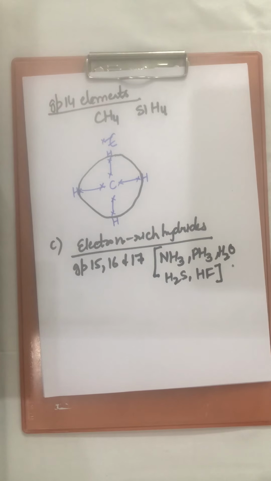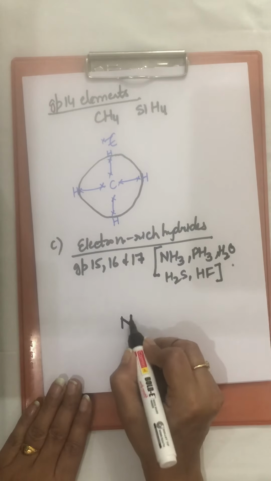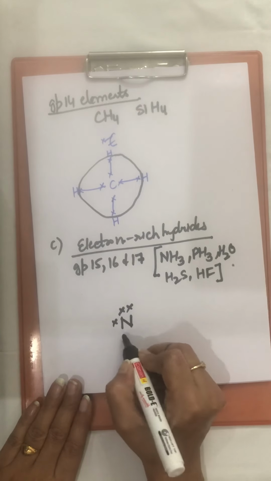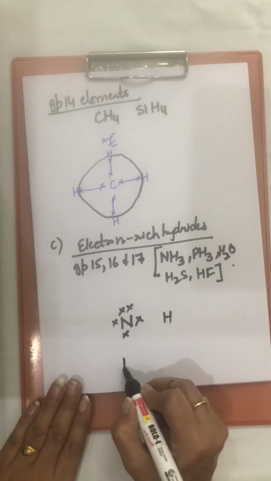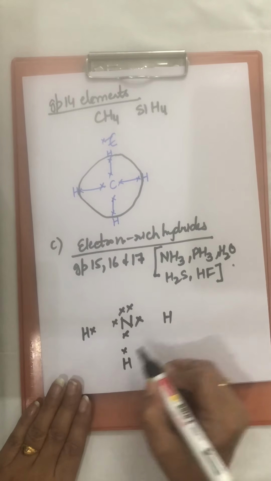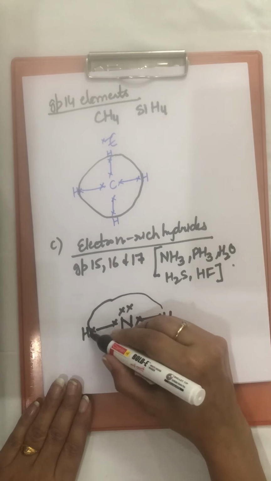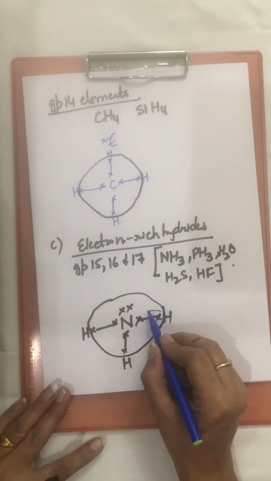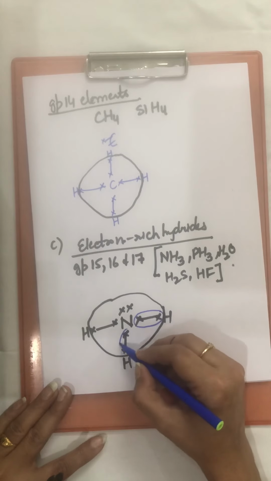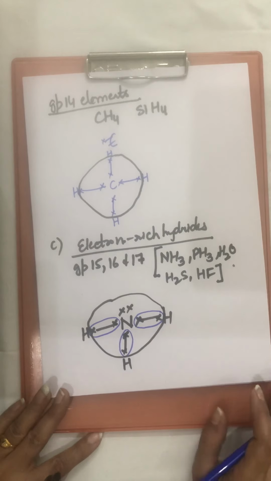That is, they have excess electrons which are present as lone pairs. One example is ammonia. Nitrogen has 5 electrons in its last shell. Combining with hydrogen, it will have 8 electrons, but out of these 8 electrons, this is a bond pair, this is a bond pair, this is a bond pair. These electrons are involved in the bonding.